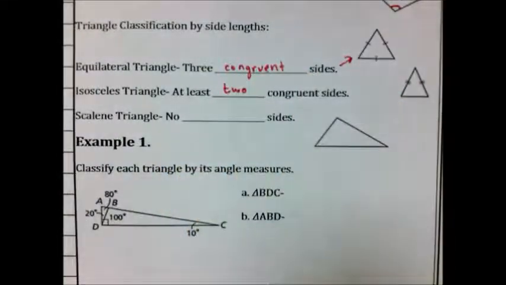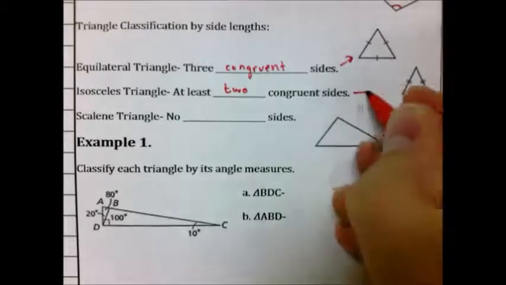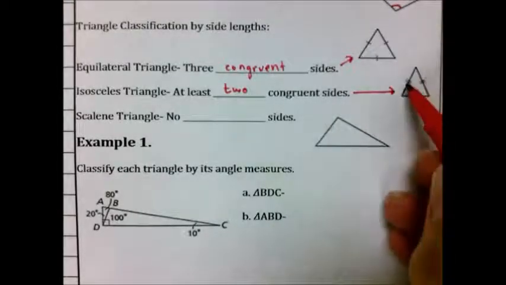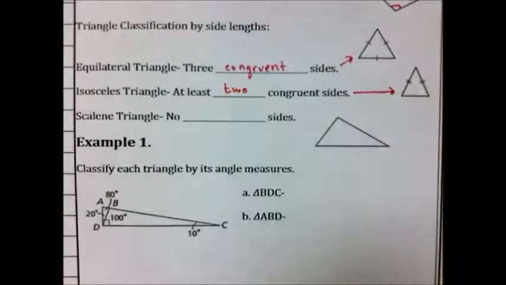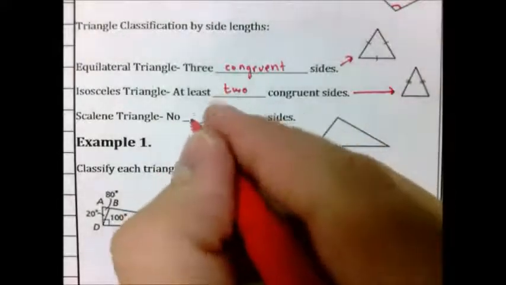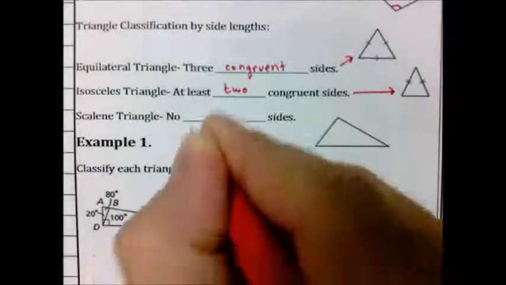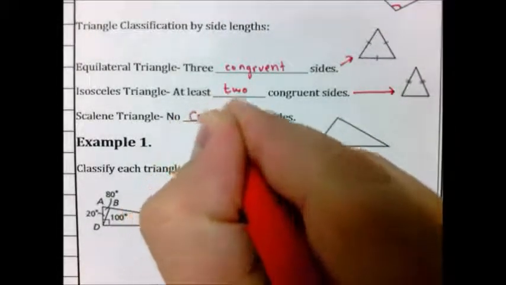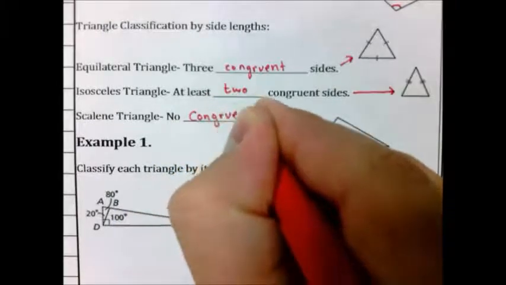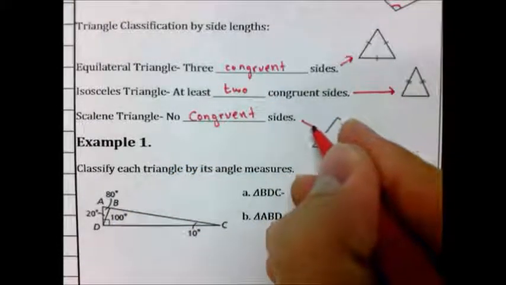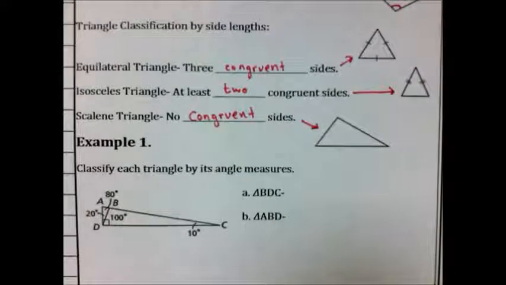So the third side isn't congruent, but 2 of the sides are, kind of like this one here. It could be any one of those sides, but at least 2 have to be congruent in order to be an isosceles triangle. And the last one is a scalene triangle, and those have no congruent sides, just like this one right down there.